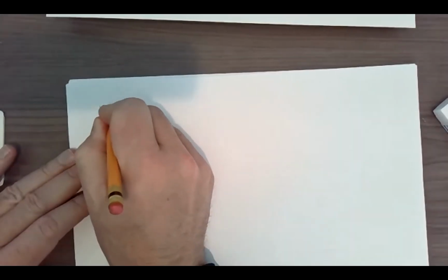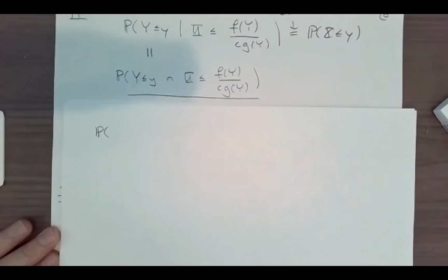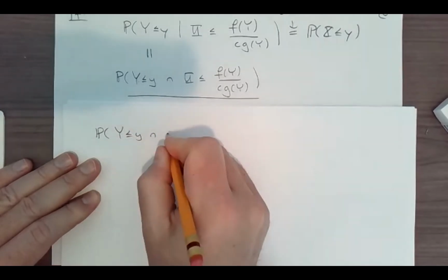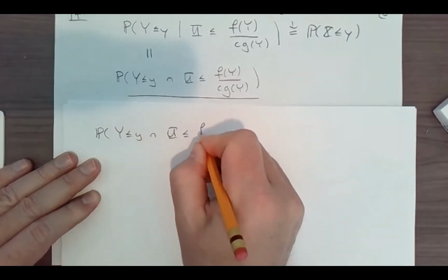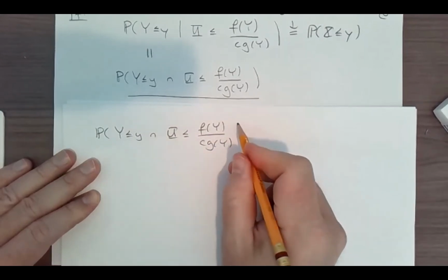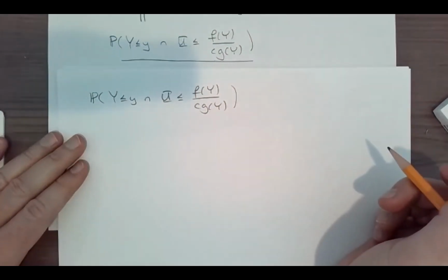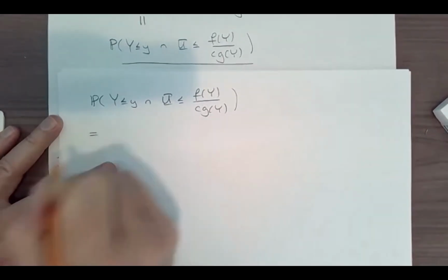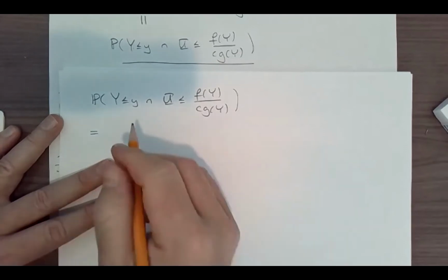We have that ratio. So what do we do? We write out the probability that, let's do the top one first. The probability that Y is less than y and U is less than f of y divided by c g of y. How would we work out what that is? Well, we start by using iterated expectations.